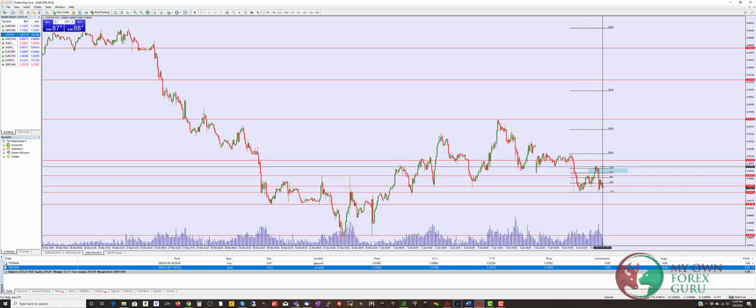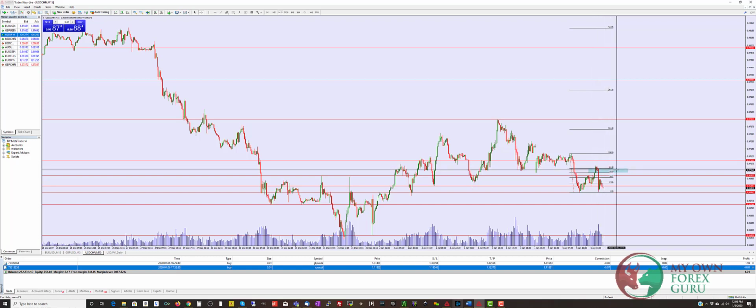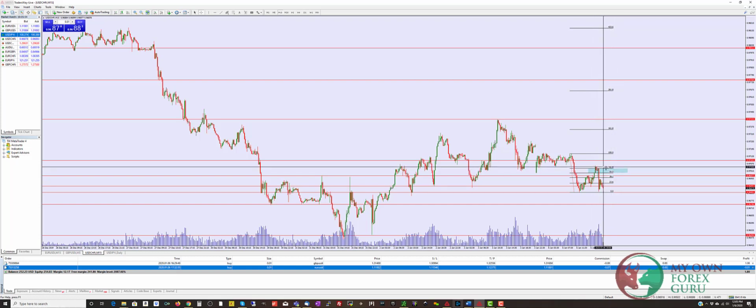But it just goes to show how important these support and resistance lines are. We had the 61.8 fib, but we could have used the same thing as I was talking about in the video, a support and resistance right at this line where I'm holding right now, where price came up and then went down.